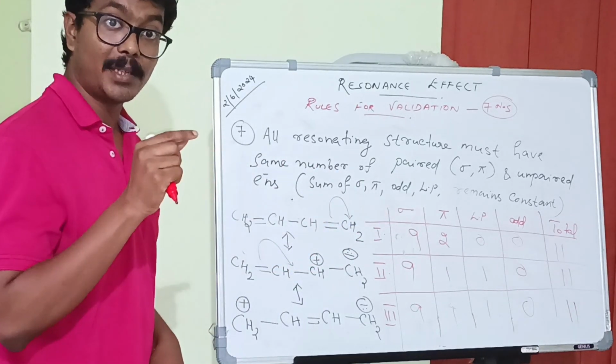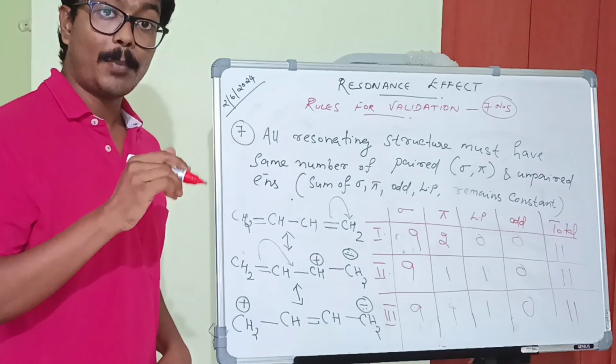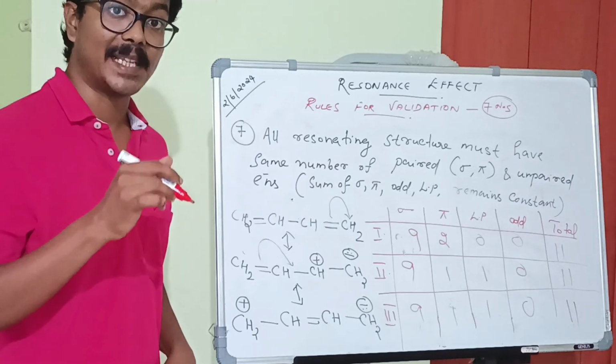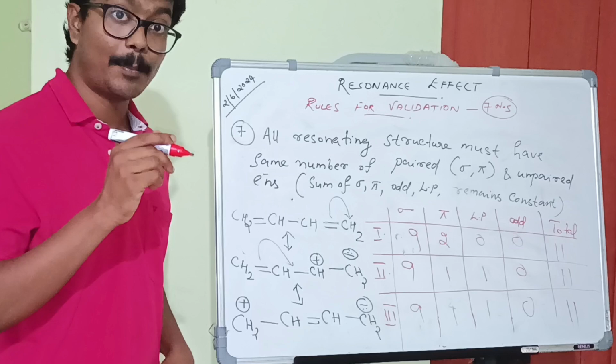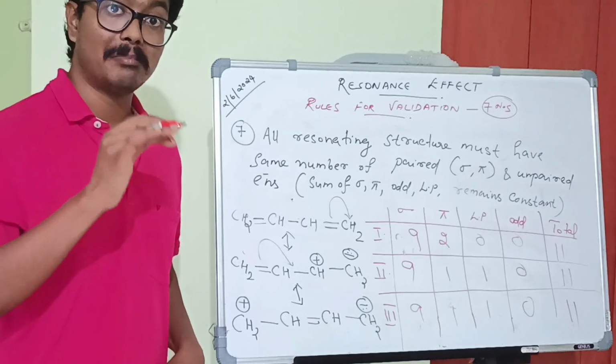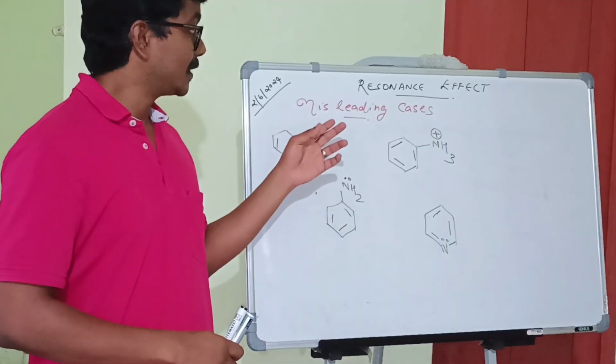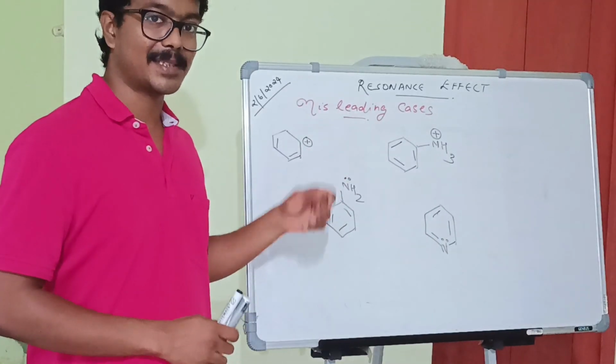Let me repeat again: in all the resonating structures, the number of paired and unpaired electrons must be the same. Or in other words, the sum of sigma, pi, odd electrons, and lone pair electrons must be the same in all the resonating structures.